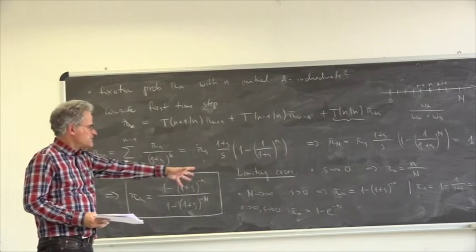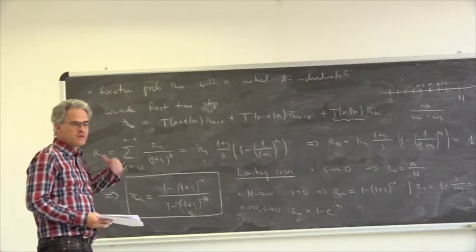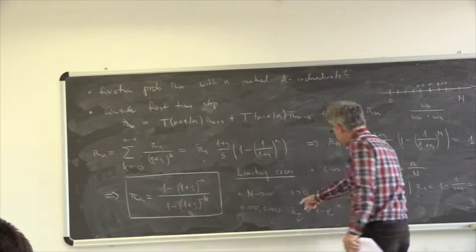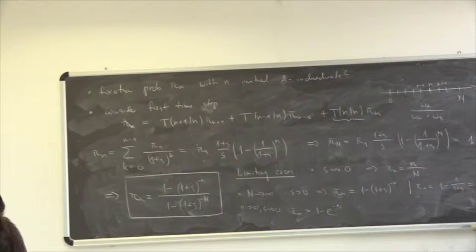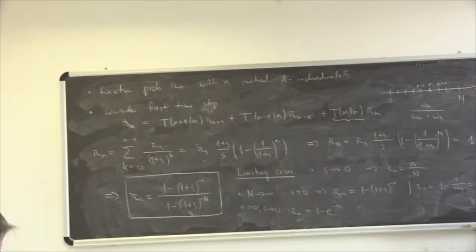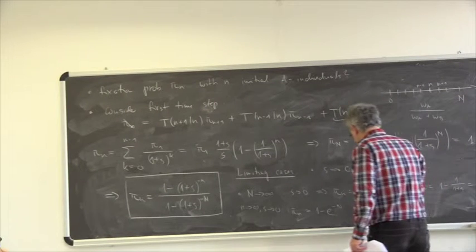And so what you see here is that 1 over s defines a kind of scale for the population. If you have a small selective advantage, then the size of this clone, this A population, at which it becomes probable that it will actually survive, is of order 1 over s.